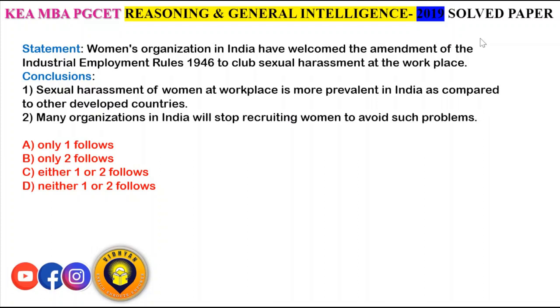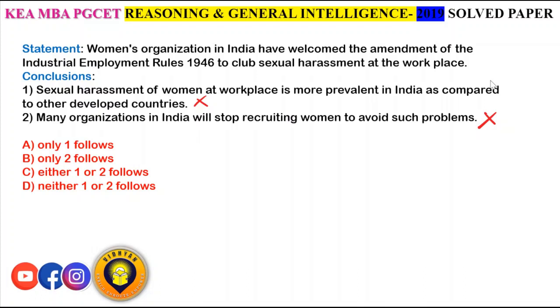So that thing you cannot directly infer from the given statement. So this first conclusion is wrong. Okay. Second conclusion, many organizations in India will stop recruiting women to avoid such problems. So after bringing this amendment, will many organizations stop recruiting women? This is also false. Okay, so this also you cannot say directly, right? This is not true. This cannot happen.